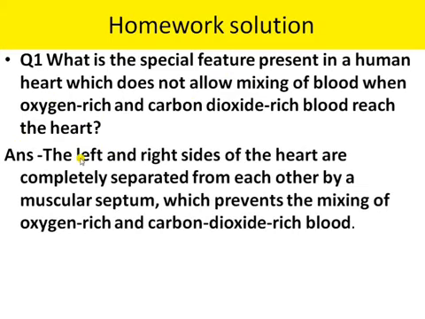The answer is, the left and right sides of the heart are completely separated from each other by the muscular septa, which prevent the mixing of oxygenated blood and deoxygenated blood. They are separated with the help of valves, the tricuspid valve and the bicuspid valve. These are the muscular septa. These prevent the mixing of oxygenated blood and deoxygenated blood.